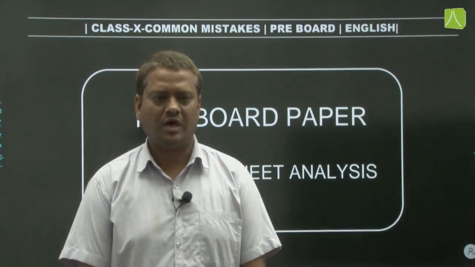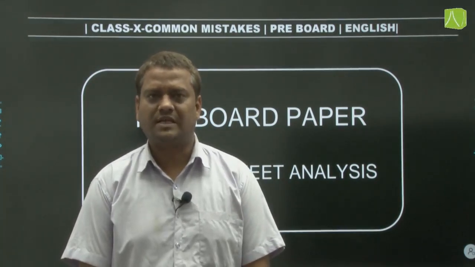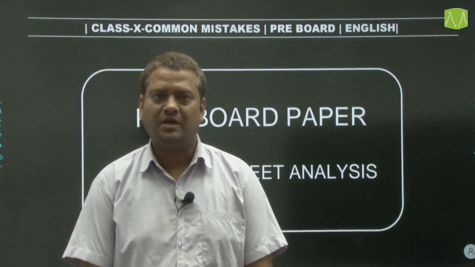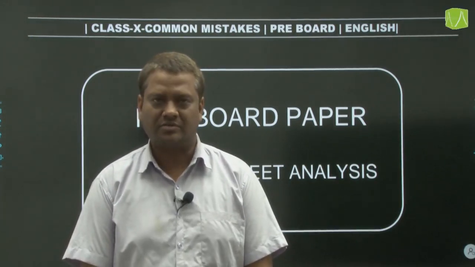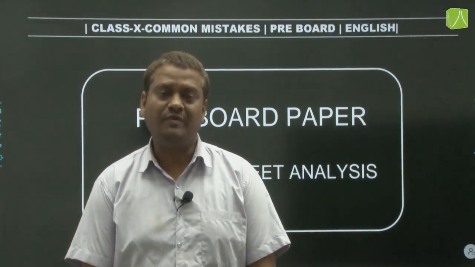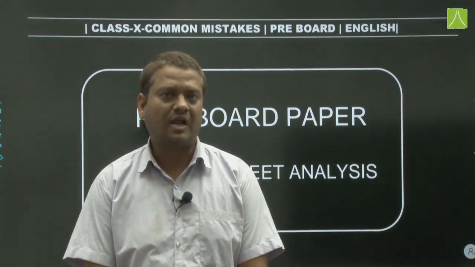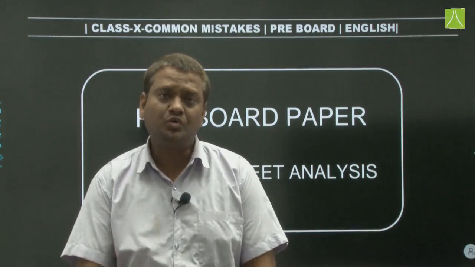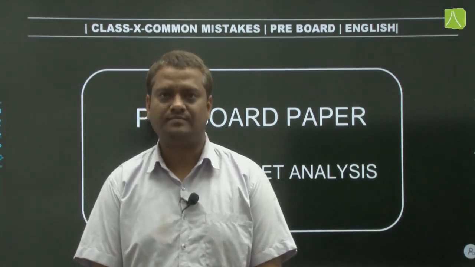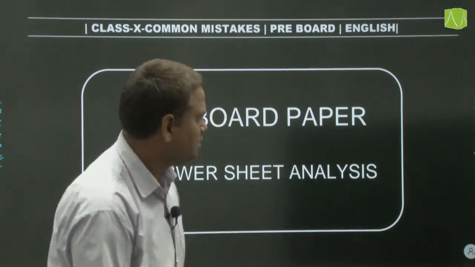I have taken some questions and their answers in which we make errors. We will focus on those errors and try to find the solution, that is, how we should write correctly without errors. So let's start.